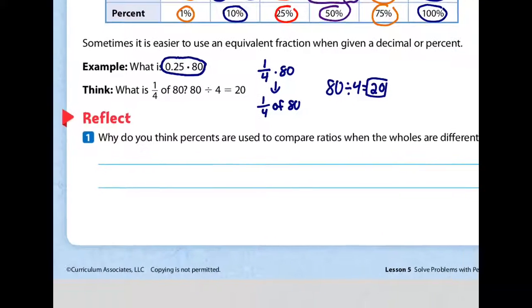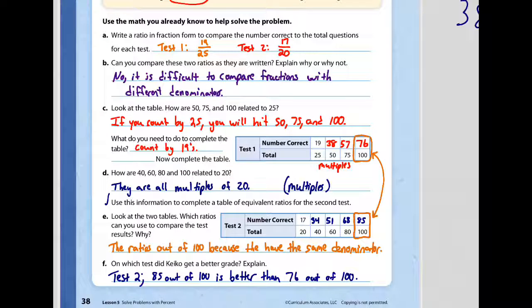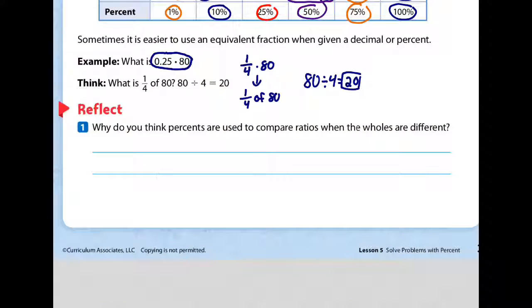Okay? Now last, here's your reflection question. It says, why do you think percents are used to compare ratios when the wholes are different? So I want you to think back to Keichel's test. In the first test, I forget her grades, it was 19 out of 25. She had 19 out of 25. And the second one, she had 17 out of 20, right?